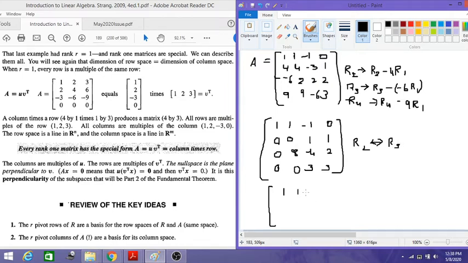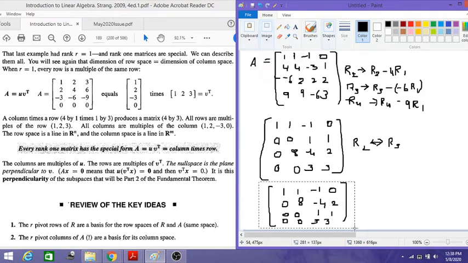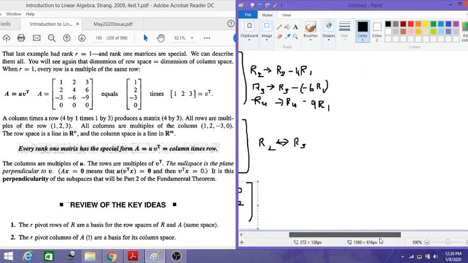So then it is 1 1 minus 1 0, and here I'll get 0 8 minus 4 2, then 0 0 1 1, and this is 0 0 3 3. Alright, so I need this matrix to reduce further, so I'll copy this matrix and paste it here.